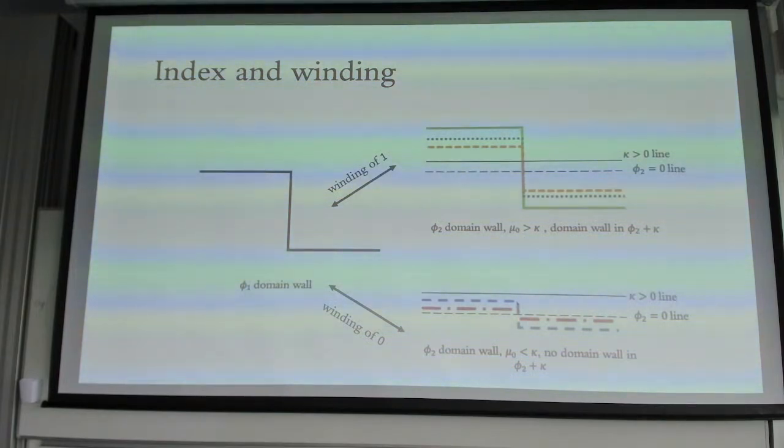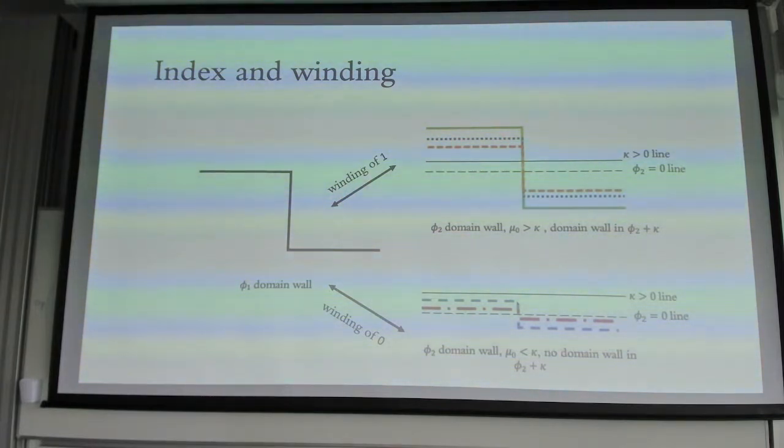So this is the scenario that I'm babbling about. This is the phi 2 equals 0 line. This is where, let's say, kappa lives. Kappa is greater than 0. And now let's say I turn on this background field in phi 2. As long as the height of the domain wall in phi 2 is greater than the scale kappa, I have a non-zero winding combining the phi 1 domain wall and the phi 2 domain wall, or phi 2 plus kappa domain wall.